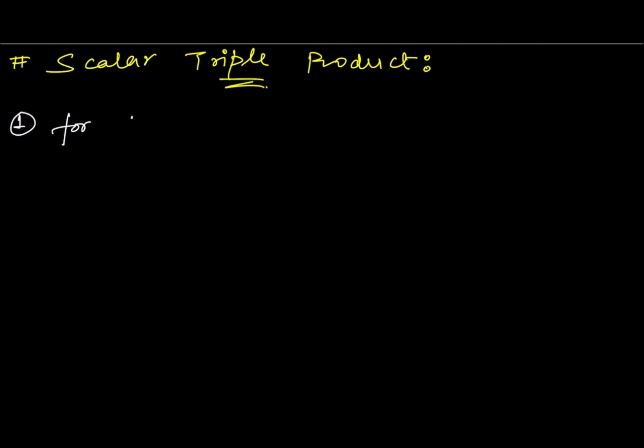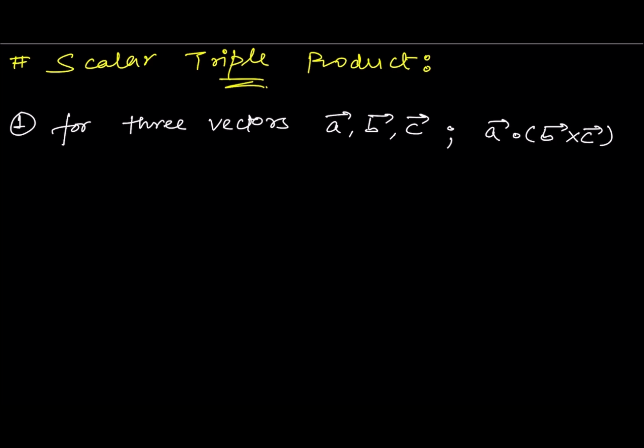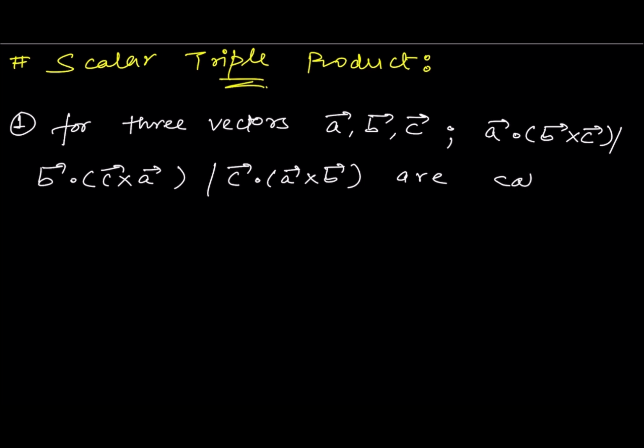For three vectors A vector, B vector, C vector, A dot B cross C or B dot C cross A or C dot A cross B are called scalar triple product.